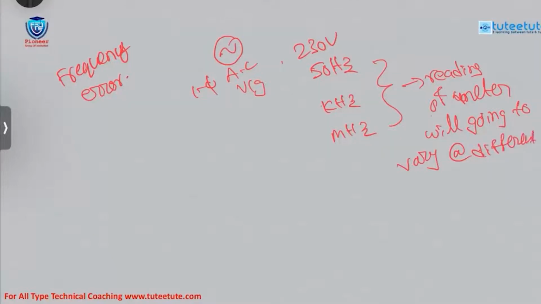This error is called frequency error. Especially this occurs in the moving iron instrument, where we use it for different frequency measurements. That's why we will write moving iron here. First is moving coil, moving iron, and EMMC.